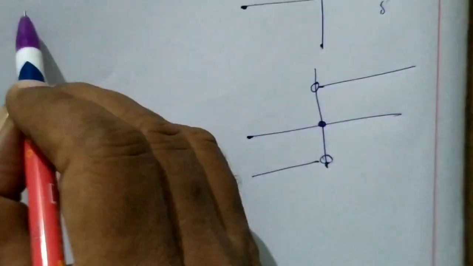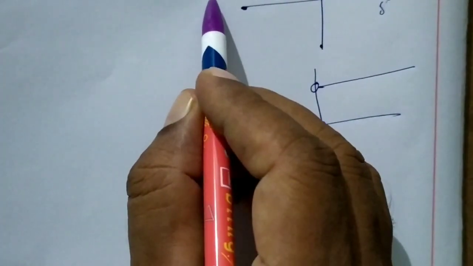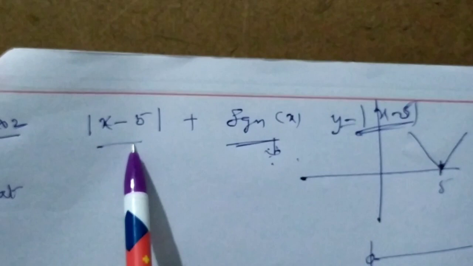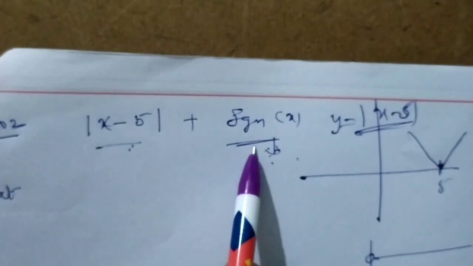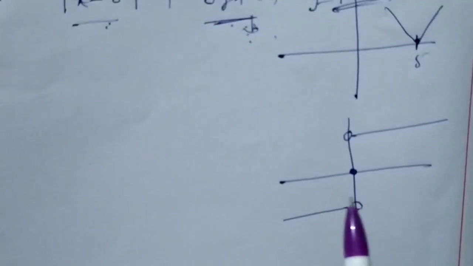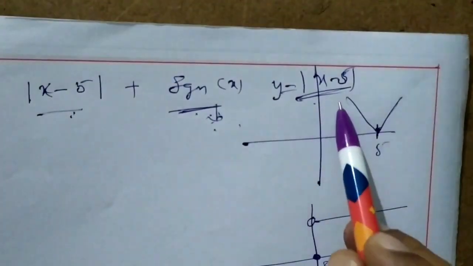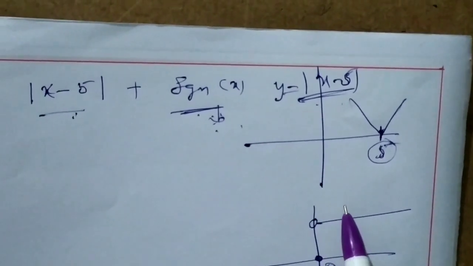At x is equal to 0, signum of x is not differentiable. But at x is equal to 5, it is differentiable. For the signum function, the problem is at x is equal to 0. For y is equal to modulus of x minus 5, where is the non-differentiability?